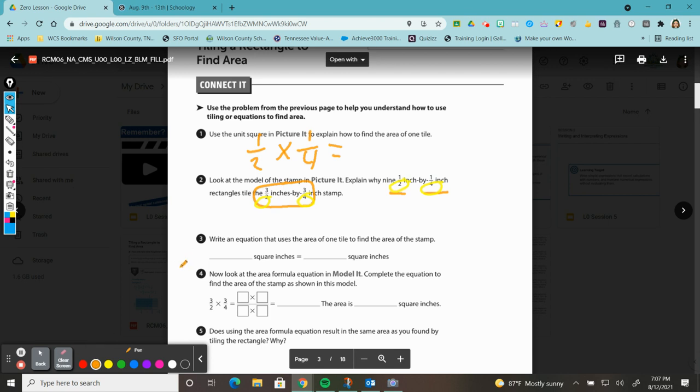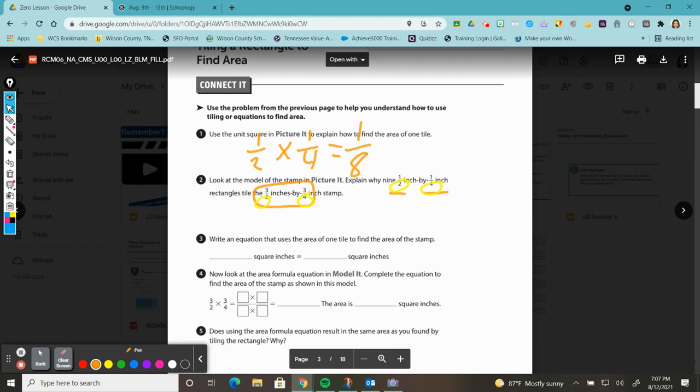Which brings us to number 3, where it asks you to write an equation that uses the area of one tile to find the area of the stamp. Well, when we found the area of one tile, we said that we had to count up the amount of boxes that are in the rectangle, and there were 9 boxes.